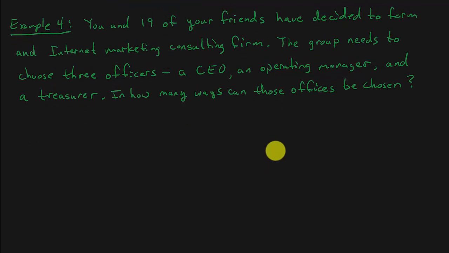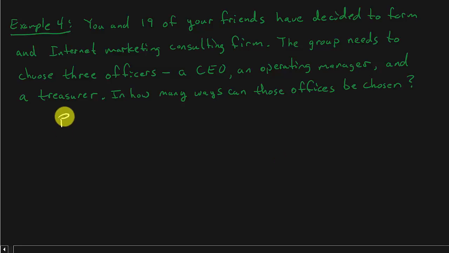So let me briefly explain how this is a permutation. Let's write out what we're looking for. How many things are we choosing from?